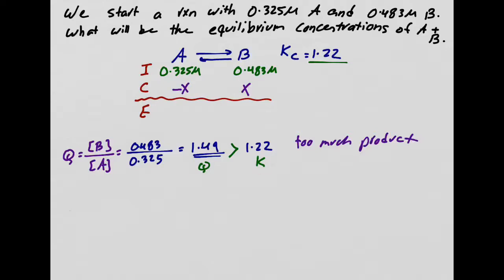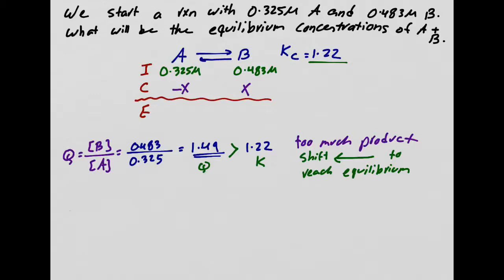Now, if you have too much product, what do you need to happen for you to reach equilibrium? It has to shift to the reactant to reach equilibrium, right? It has to shift to the opposite side. It has to basically go back. So I would have to make some reactant in order to reach equilibrium. You guys got that? So again, this is too much product.